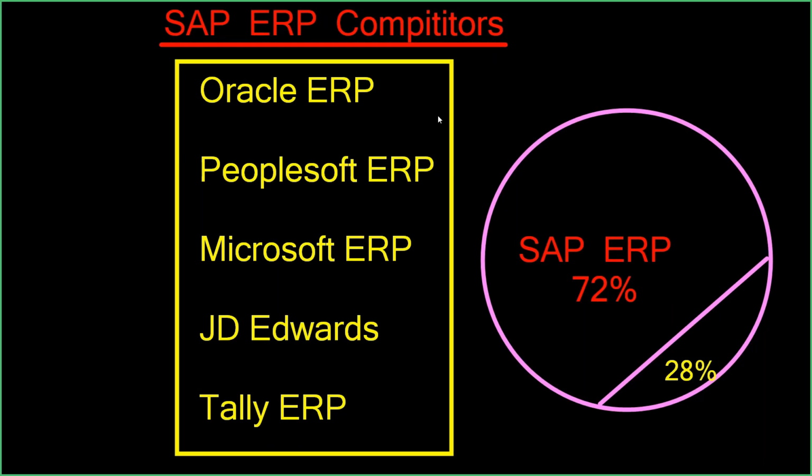But these five companies share only 28%. Why? Because company-wise they are very big companies, but Oracle ERP, okay, fine, Oracle company is very famous on the database side. For a general example, take Thums Up, a cool drink. Everybody knows Thums Up.